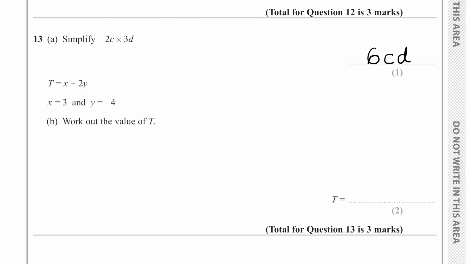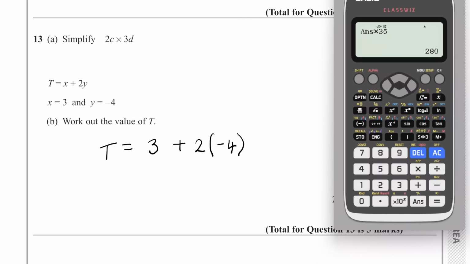t is equal to x plus 2y. x is 3, y is -4. What is the value of t? So t is 3 plus 2 lots of -4. So I'm changing x into 3 and y into -4.